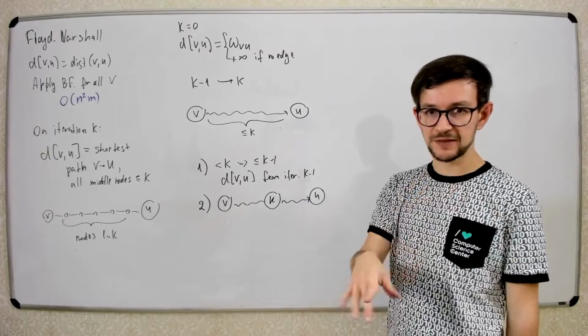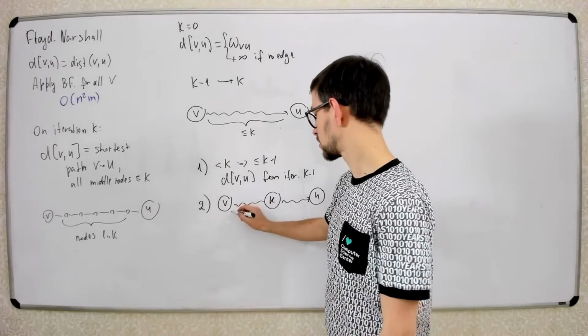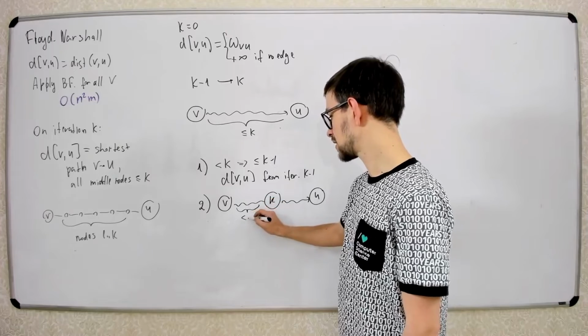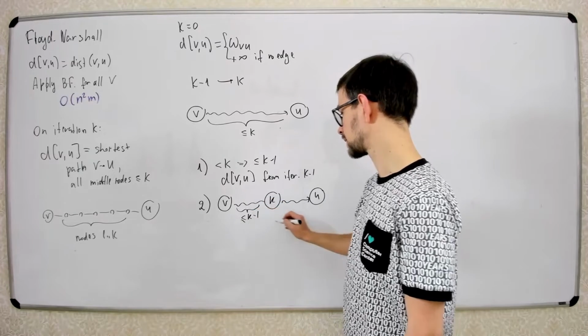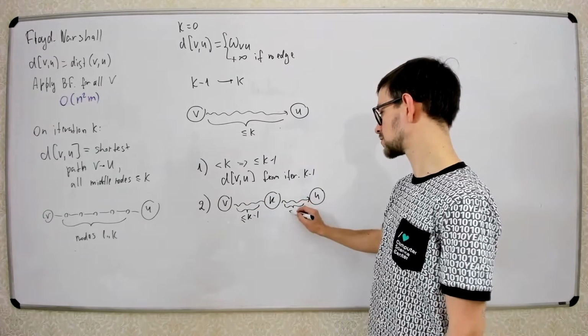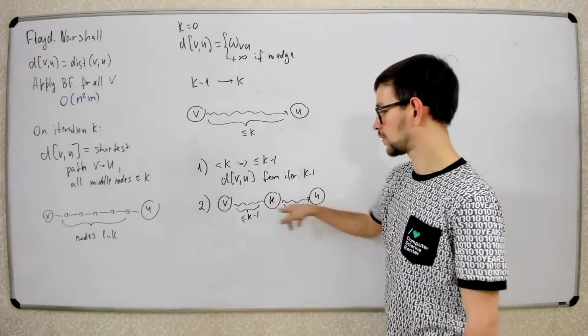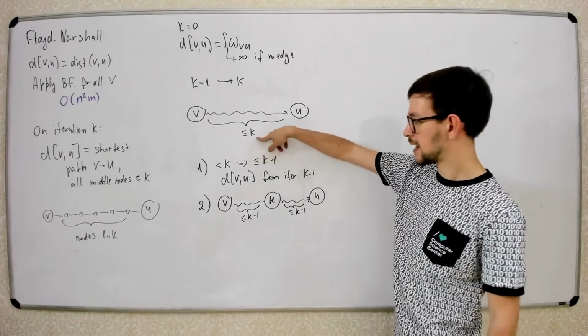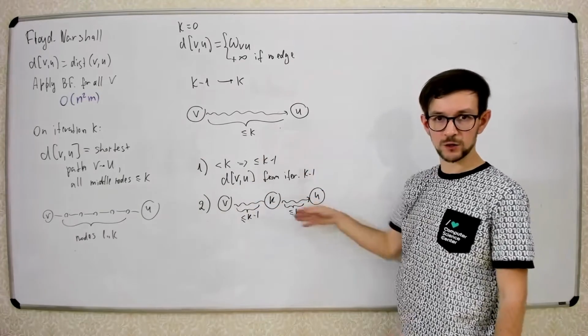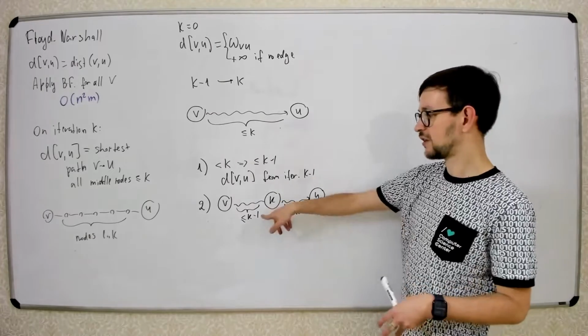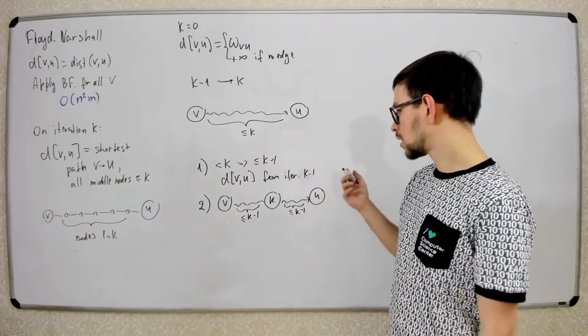Then let's split this path into two halves. Let's look into this part and this part. All the middle nodes here are less or equal to k minus 1, and all the nodes here are less or equal to k minus 1. Because all the nodes are less or equal to k, and we have k here, so all other nodes are not k.